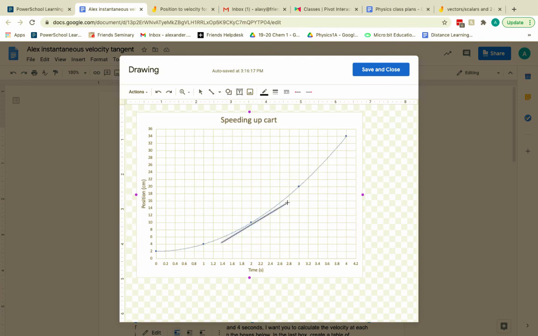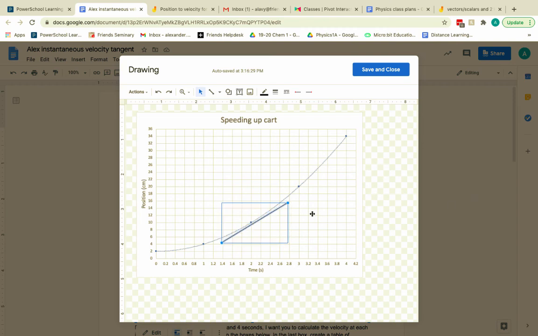And notice what I'm doing is I'm trying to make it so that if I take that line and move it, it'll touch the graph at exactly that 1 point, but really nowhere else on the graph. I know it kind of touches a bunch of it, but it's really trying to be at the same slope as the graph. And now I can measure the rise and the run for this line itself, and that will tell me the slope of the graph.